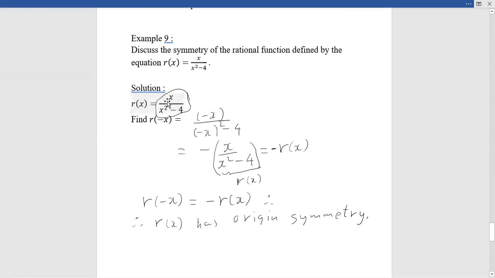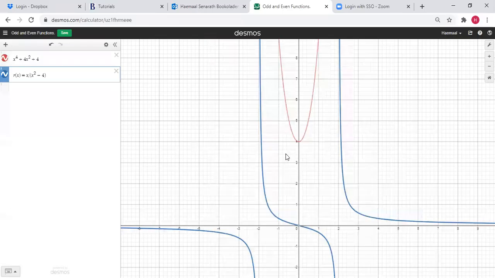When the numerator is 0, x is 0, therefore we can assume it is crossing the x-axis at the origin. Let me share this. I did the graph, and I'm going to share that.